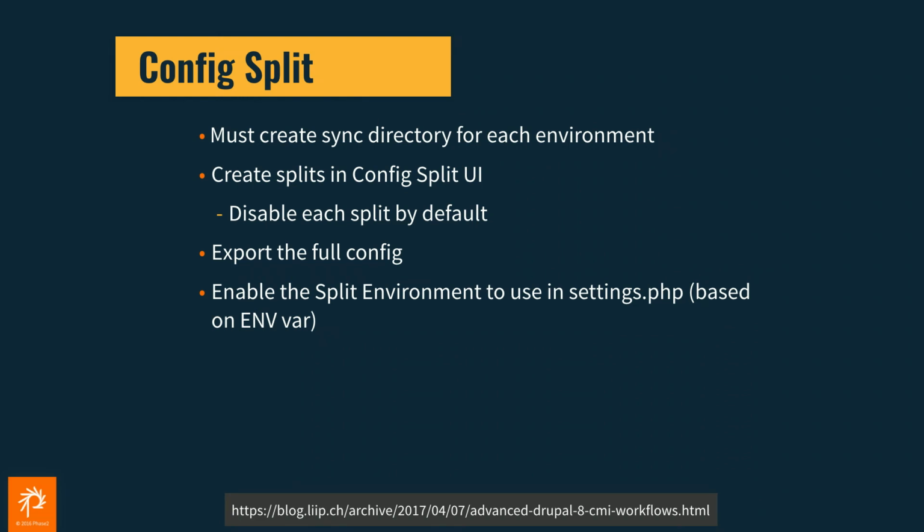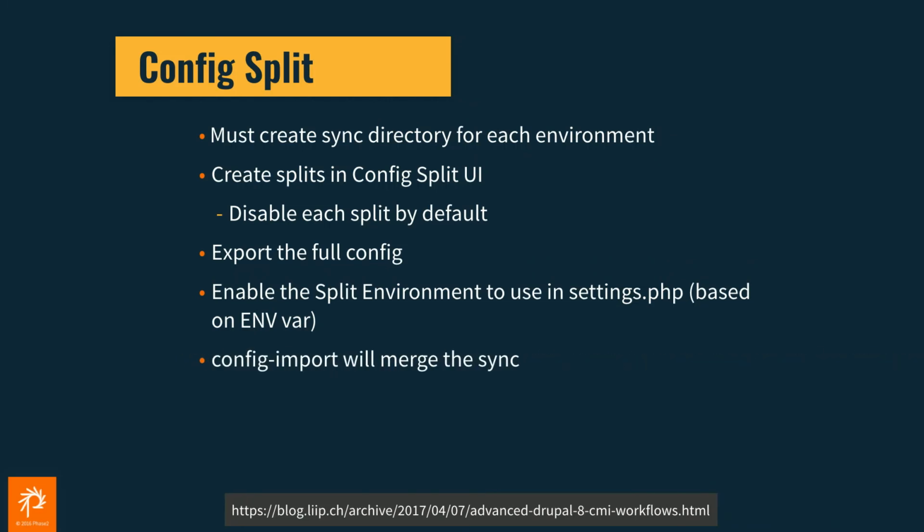Typically there's some way to tell which environment you're on, like an environment variable or some directory you can look at. On Acquia, there's an environment variable that says prod or dev. So you can use that to tell it which split to enable. By default they're all disabled, but now in your settings.php, you're overriding that with the one that's enabled.